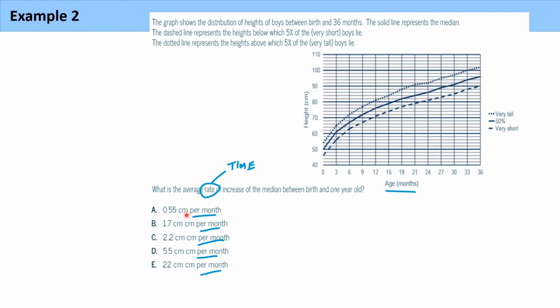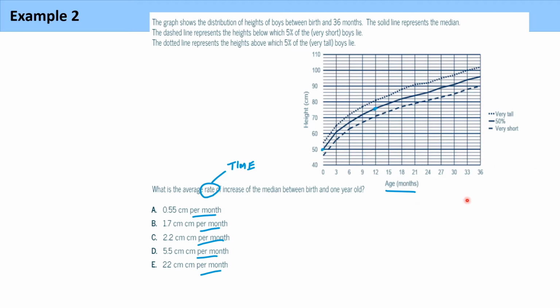So for this one, you can see in all the answer options, it's in relation to months. And then when you go back to the graph, you see that the x-axis is also to do with the months. So essentially, this is asking for the change in height over a specific period of time in relation to how it changes over the time period in months.